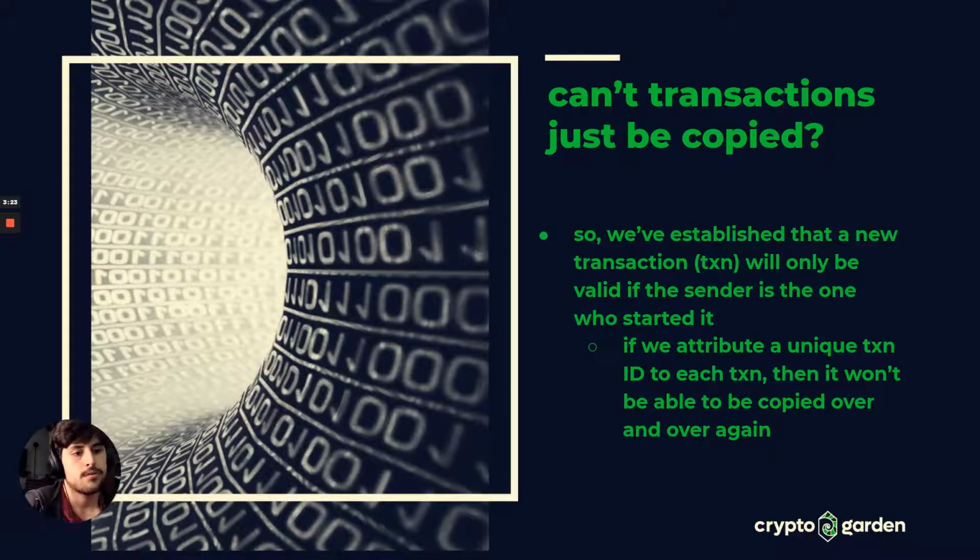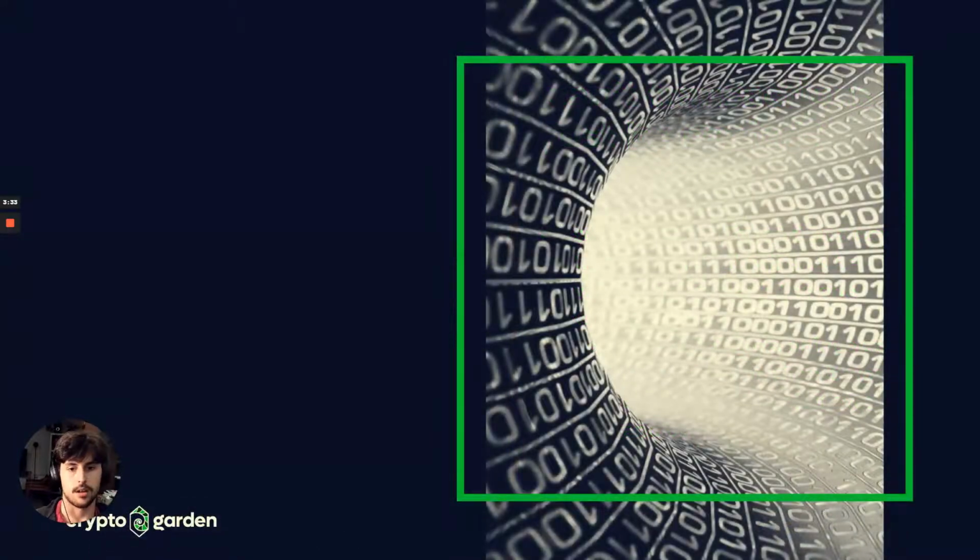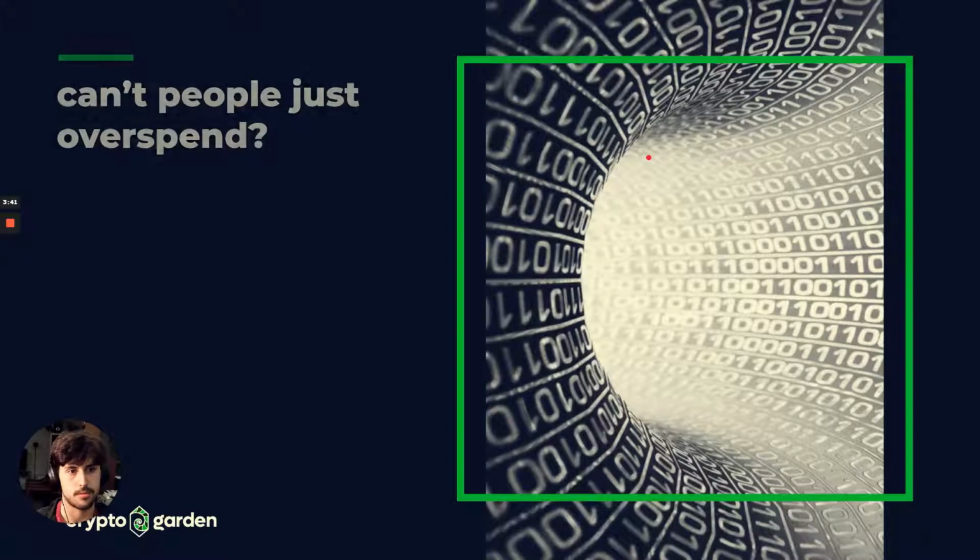If we attribute a unique transaction ID to each and every transaction, then that transaction won't be able to be copied over and over again. Okay? Right. So we solved that problem. We have a whole lot more, and that's why cryptocurrency took such a long time to become a thing.